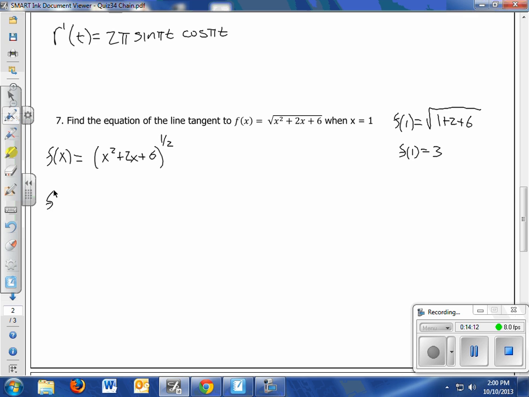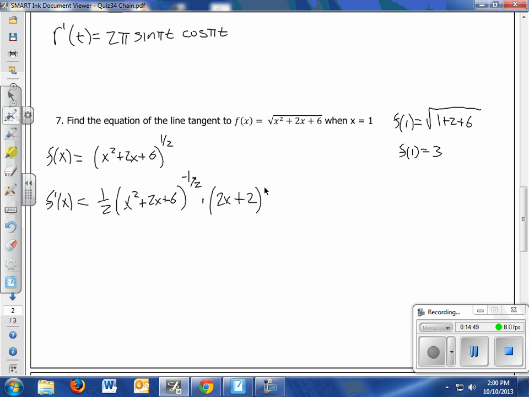Using the chain rule, we would take the derivative of the outside, leave the inside alone, subtract 1 from that 1/2, times the derivative of the inside. Now when we take the derivative of the inside, make sure we're using parentheses, because this is the derivative of the inside. So it's not just multiplying 2 over here, or the 2x over here, it's multiplying this entire thing by 2x plus 2.